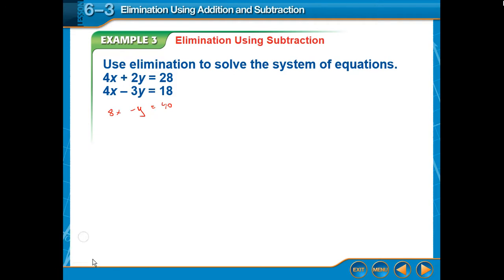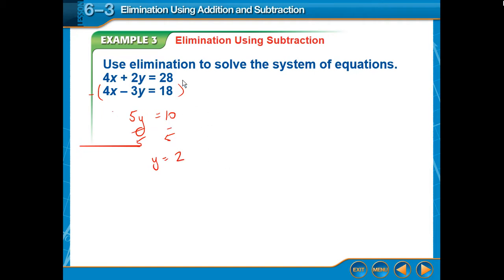So instead of adding them, if I subtract this equation from this one, 4x minus 4x gives you 0, 2y minus a negative 3y would give you 5y, and 28 minus 18 would give you 10. So solving for y, you divide both sides by 5, and you get y equals 2.